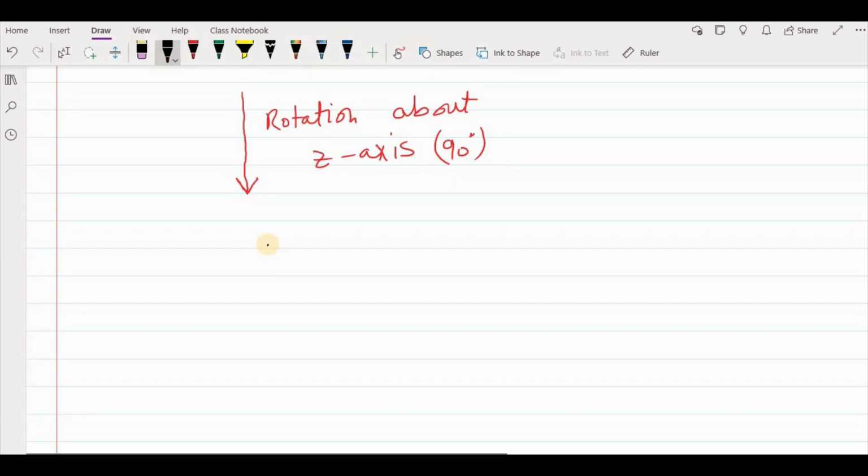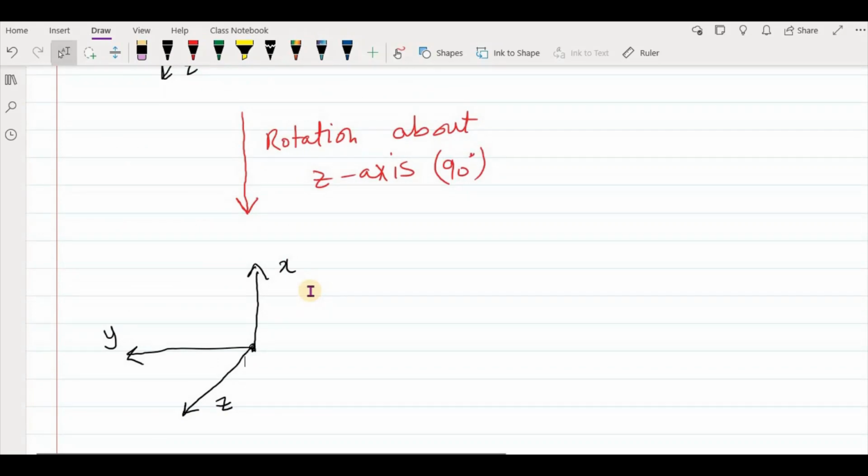After a 90 degree rotation, it should look something like this. This is the x component, this is the y component, and we have the z component.